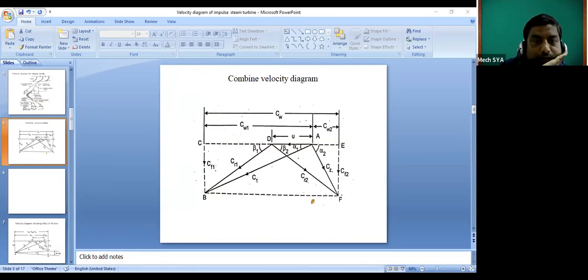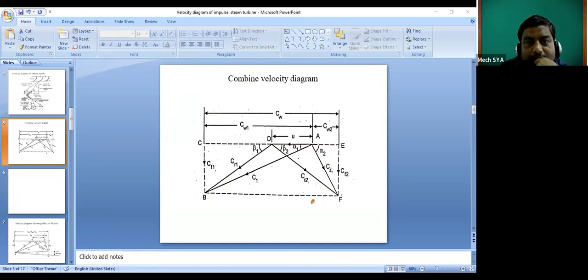Now, this C1 is having two components. One is the flow component, and the other is in the tangential direction. This one is called CW1, which is responsible for the whirling action, the rotation action of that particular blade.